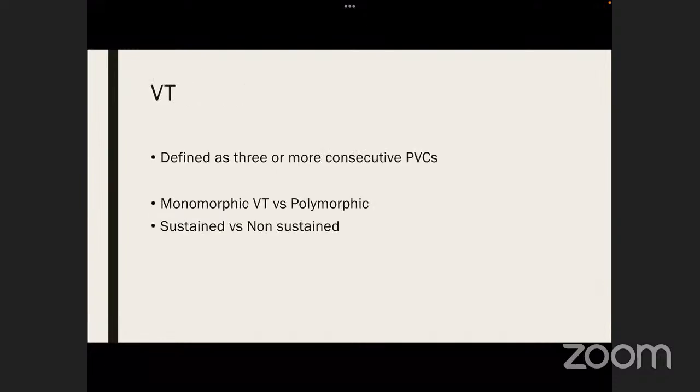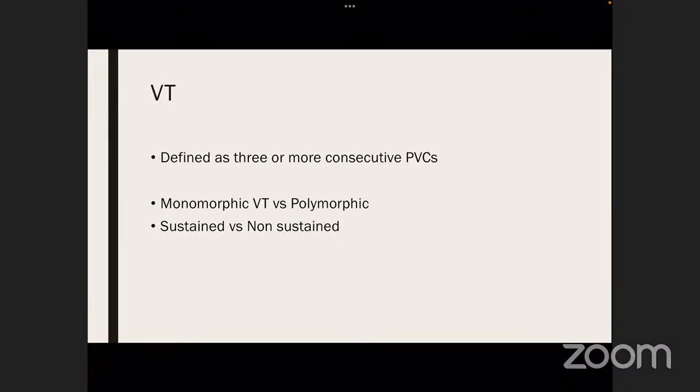Ventricular tachycardia is defined as 3 or more consecutive PVCs. It is categorized as either monomorphic or polymorphic ventricular tachycardia. Monomorphic is when the waves have the same shape all over.